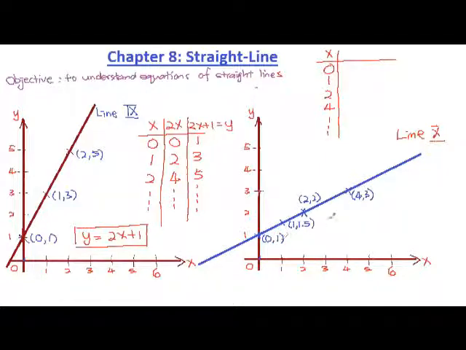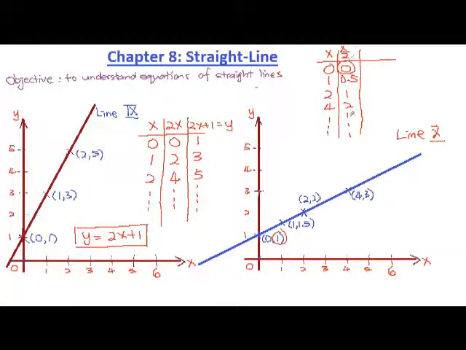However, if we divide the value of x by 2, then we get 0, 0.5 when the x is 1, 2 divided by 2 we get 1, 4 divided by 2 we get 2.